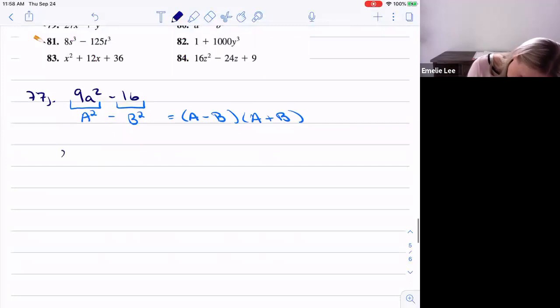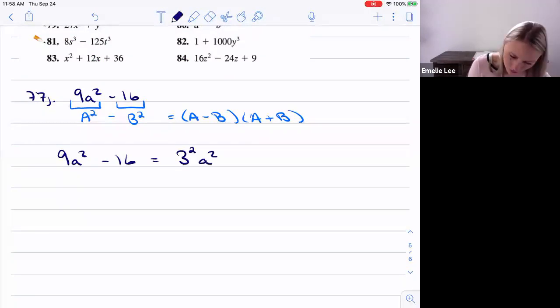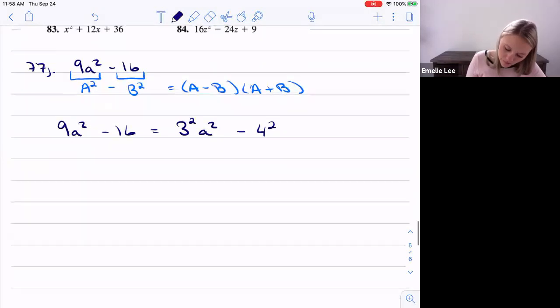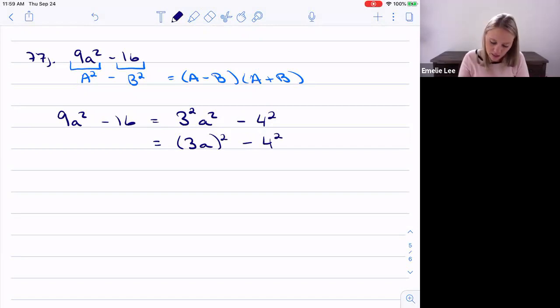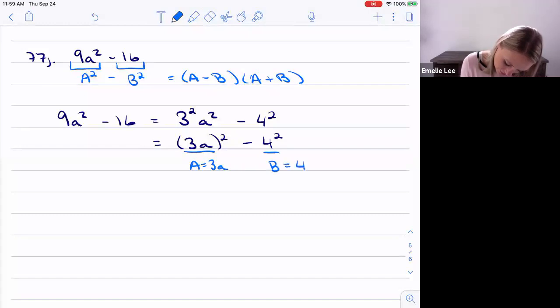And so 9a squared minus 16 is 3 squared a squared, by properties of the exponents, and then minus 4 squared, rewriting 16 as 4 squared. By properties of exponents, I'm allowed to rewrite this as (3a) squared minus 4 squared. So now it's kind of obvious that a is 3a and b must be 4.